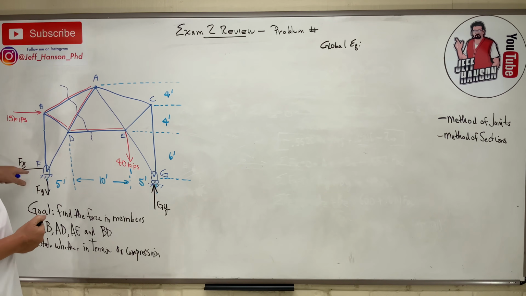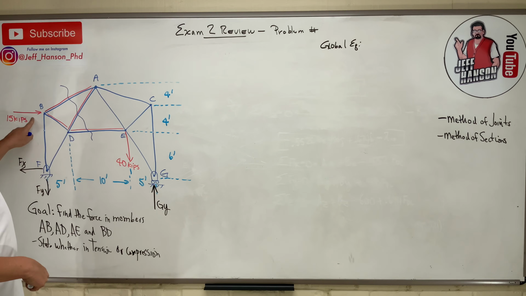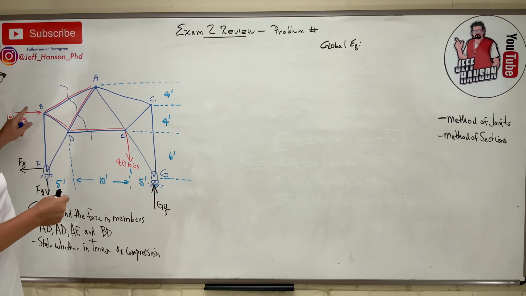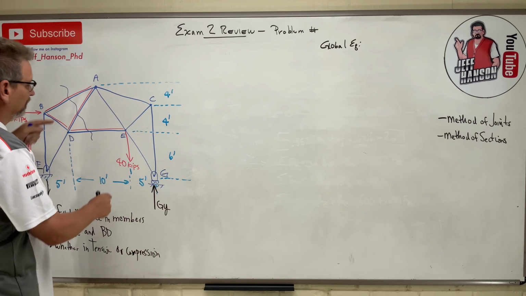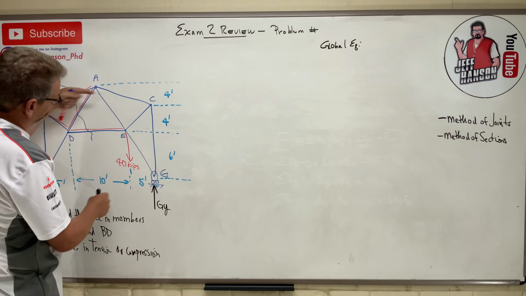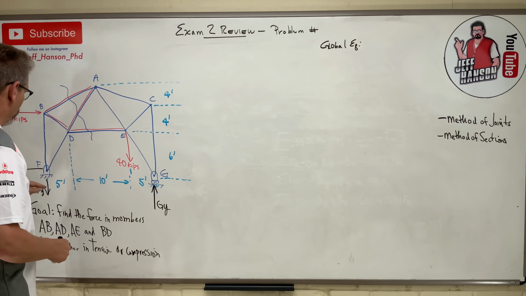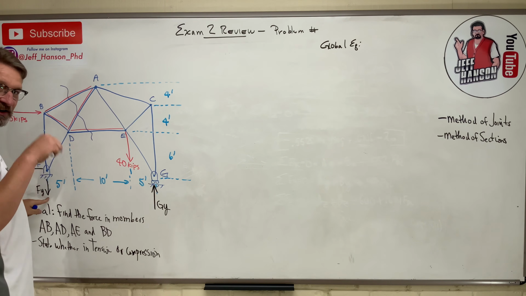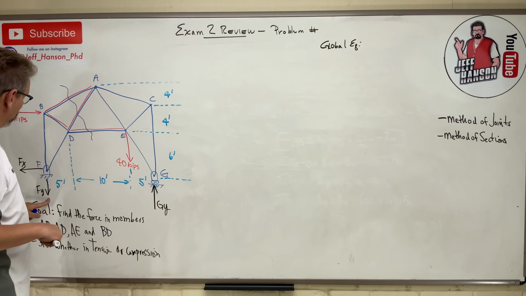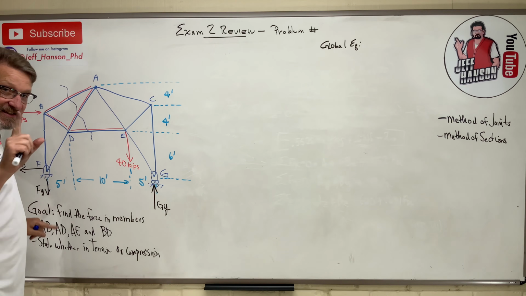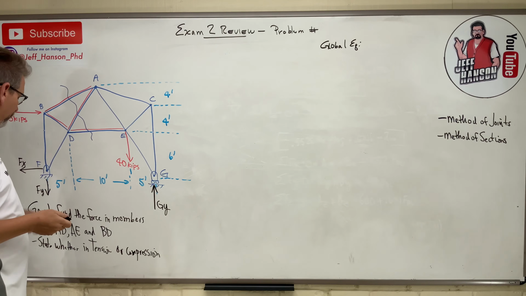Well, I know FX has to go to the left because that goes to the right. But look at this guy. This guy is trying to rotate that whole system like that. And so this has to pull down to keep it from flipping over. At least that's what's in my mind. Now, if I guessed it wrong, I'll just get a negative, so no big deal.